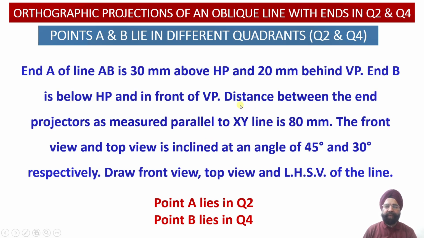Further, we are provided with the information that the distance between the end projectors of the line, measured parallel to the XY line, happens to be 80 millimeter. Further, the front view and the top view are inclined at an angle of 45 degree and 30 degree with respect to the XY reference line.